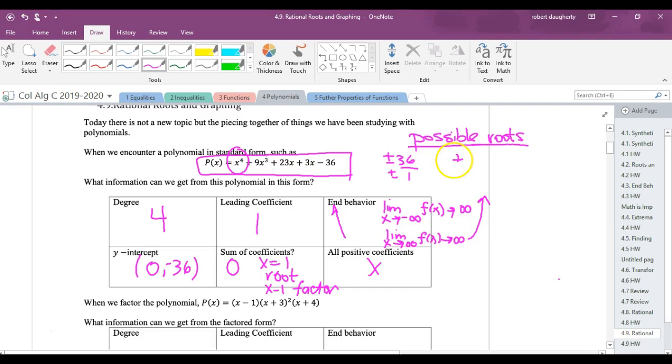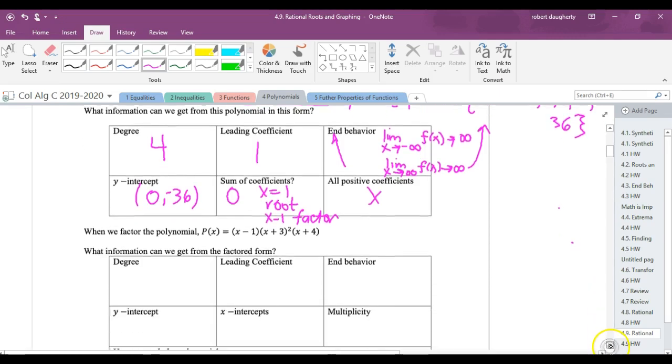So the possible roots are plus or minus 1 times 36, 2 times 18, 3 times 12, 4 times 9, 6 times 6. These are all the possible rational roots, okay? So that would be all the possible ones that I could try to see if they work on this polynomial, okay?